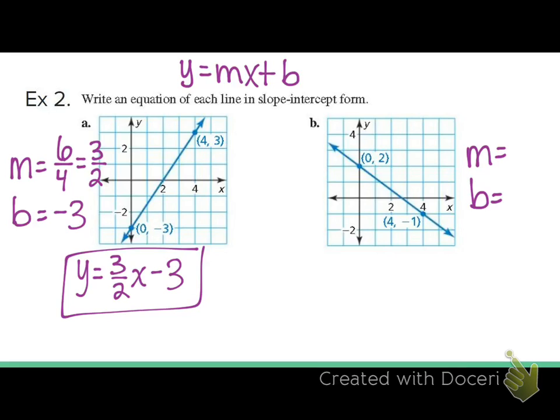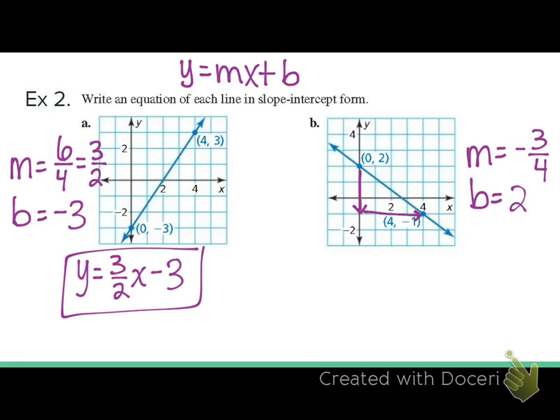What did we get as our slope? Negative 3 over. Okay, I don't really mind where you put the negative. You can write it top, bottom, or out in front. Negative 3 over 4. Our b or our y-intercept is 2. Okay, so for your slope, remember to do rise over run.